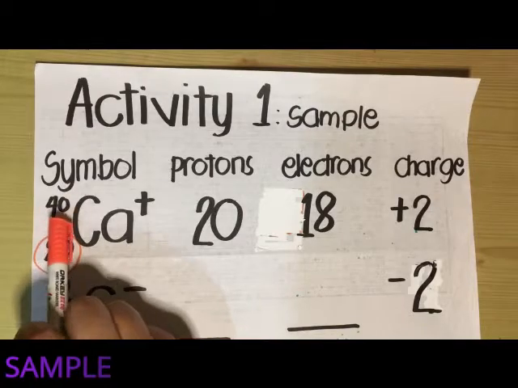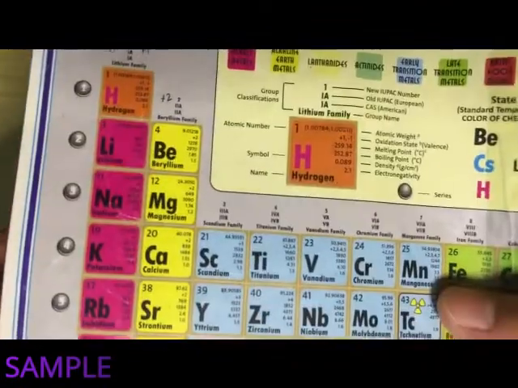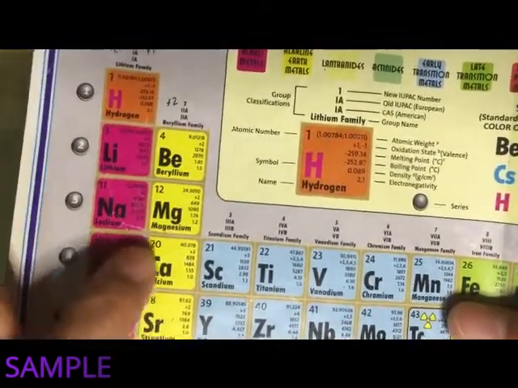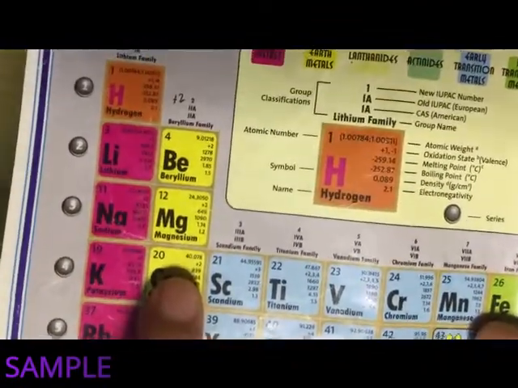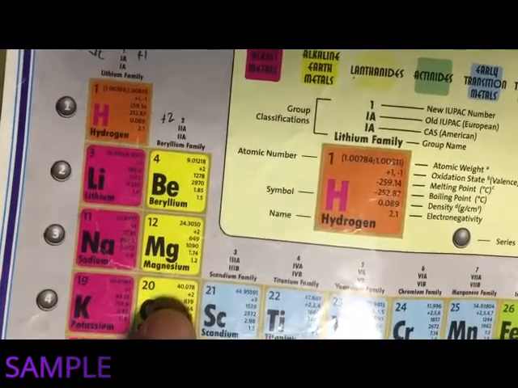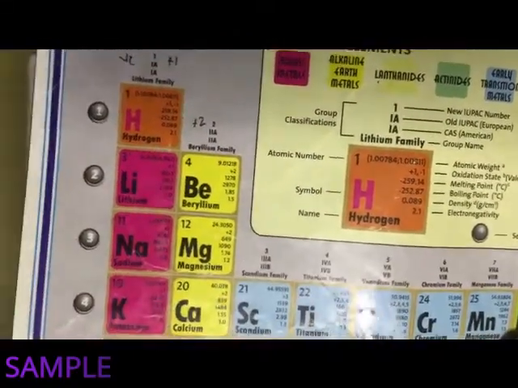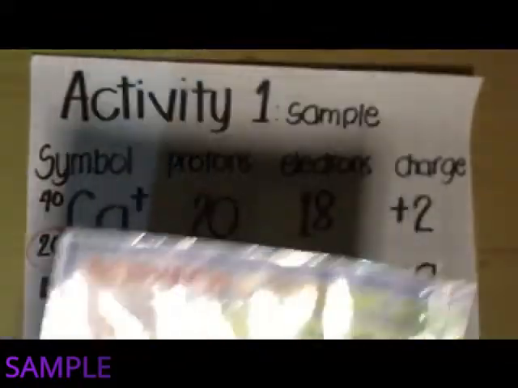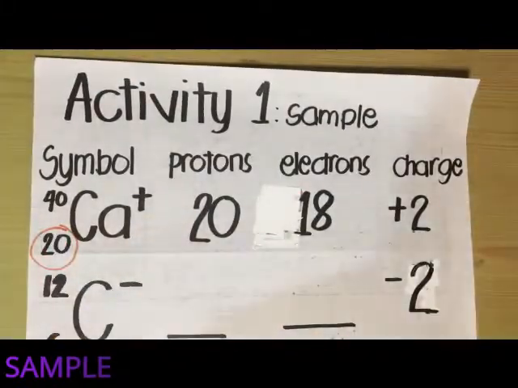This is also written on your periodic table. Let's check it. Calcium, 20 is the atomic number, and the small number, 40.078, is the atomic mass of calcium. So, it is also written there.